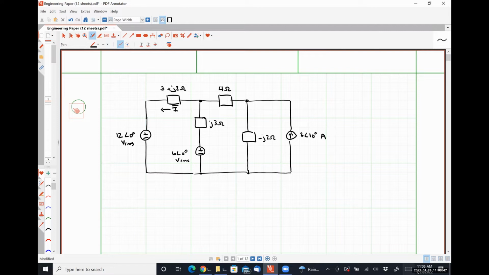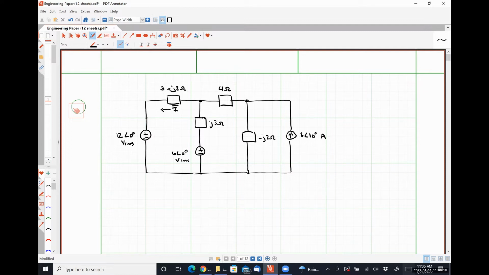Okay, so the suggestion here is that we have a practical current source on the right-hand side containing a 3 angle 10 degrees amp source in parallel with a minus J2 ohm impedance. If we do a source transformation, that's going to convert into a voltage source in series with that minus J2 ohm impedance.